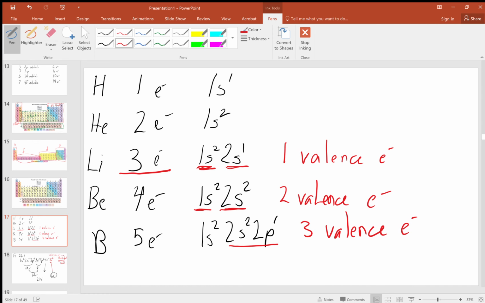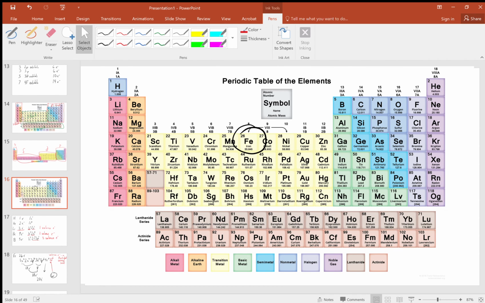And one of the patterns you'll start to see as you look at the periodic table is that we see a lot of patterns. Everything in this first column, group 1, ends with s1, and they have 1 valence electron. Everything in this second column ends in s2, and they have 2 valence electrons.